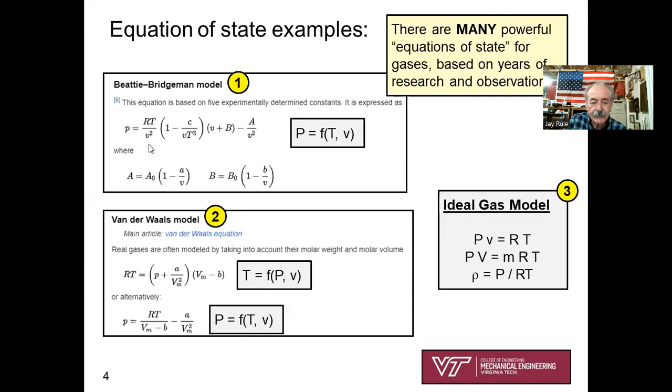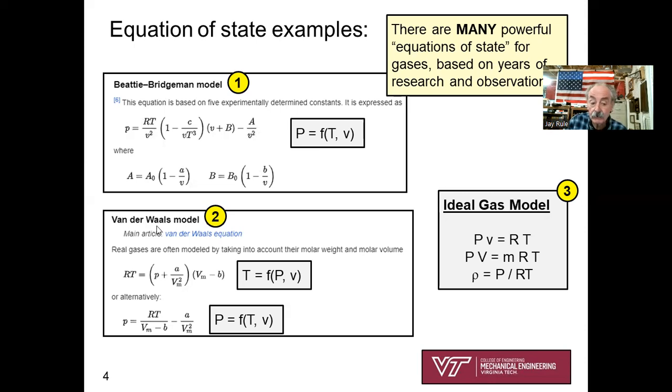We're not going to go into the details, but do you see visually that here's the equation of state, pressure equals some formula, and the formula is a function of temperature, specific volume, and some other constants, capital A and capital B, that are further defined? All right, that's an equation of state. Messy, but an equation of state.